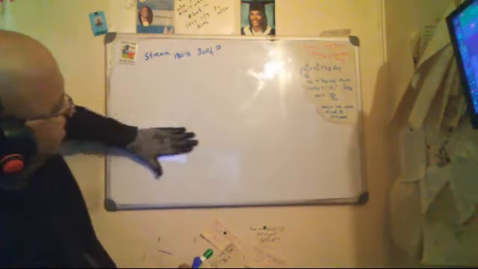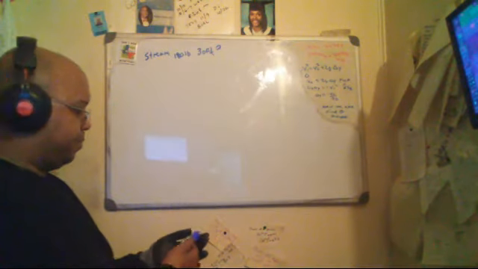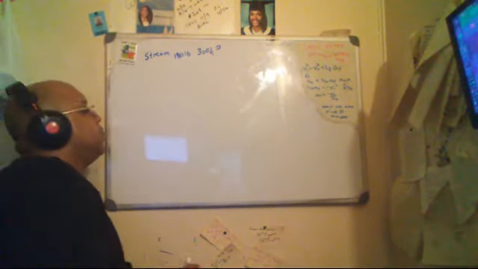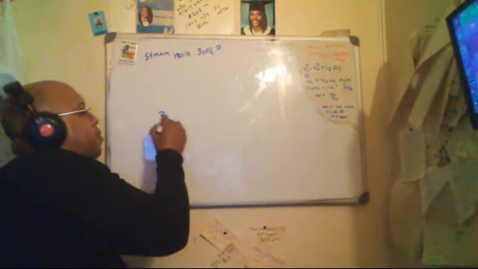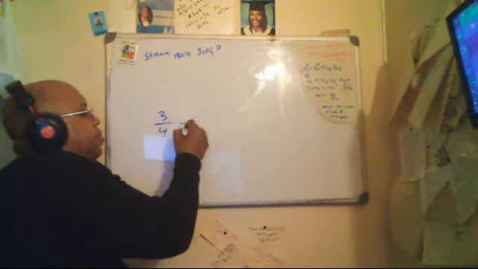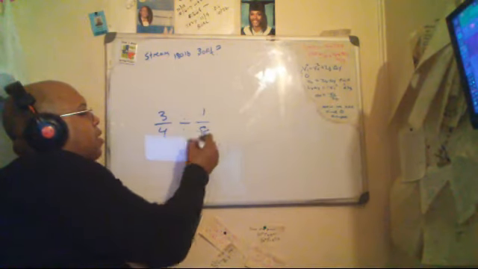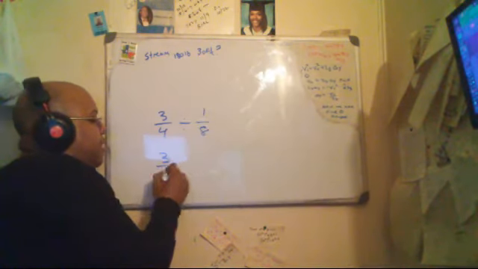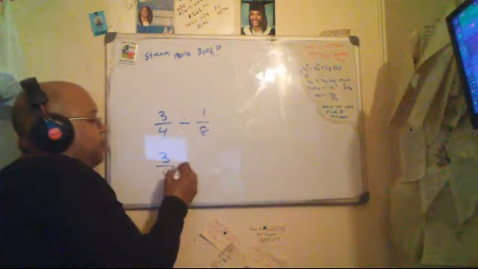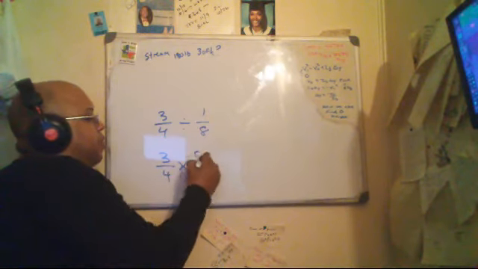Division is different, though. Something happens with division. Division winds up becoming a multiplication problem. Why? Because we must multiply by the reciprocal, 8 over 1.